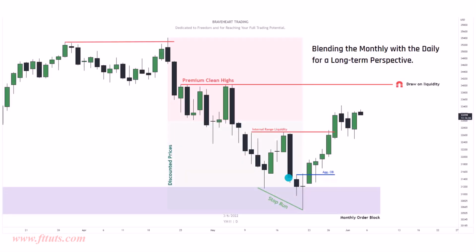Within this long-term perspective level, we're blending it with the daily chart. Because if we didn't know what's going on in the monthly, then the daily chart would still be pretty clear, but if you really want clarity, then incorporate the monthly as well and blend it with a daily perspective like I've done here.